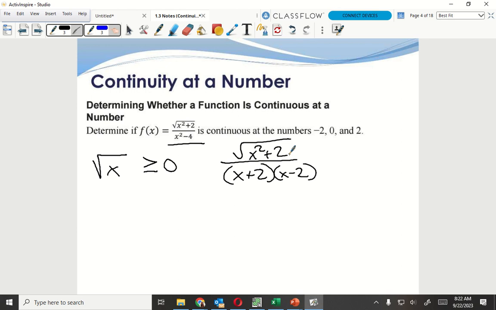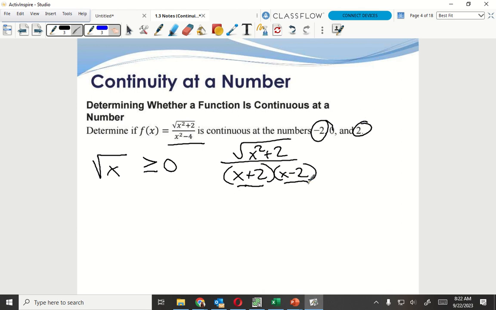So let's take a look. I know my denominator cannot equal 0, right? If I plug in negative 2 to this first one here, what do I get? 0. And because this parentheses is being multiplied by the other one, anything times 0 is 0. So this negative 2 would make this one equal to 0.